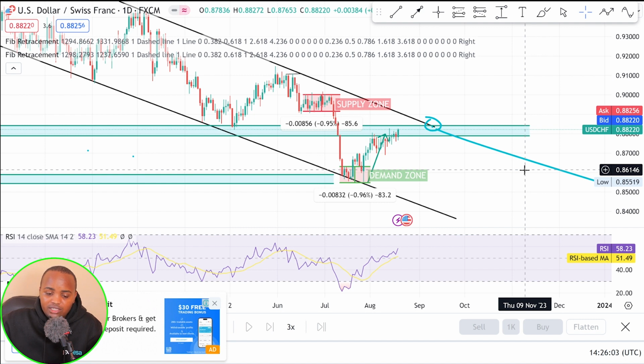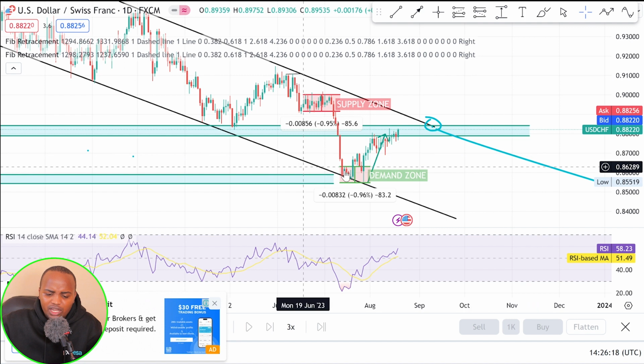These are zones that can be identified by big institutions, the governments, the banks. For example, when they identify a demand zone that has formed somewhere, what they're going to do is try to enter from that zone, and they're going to be buying a lot from that zone.